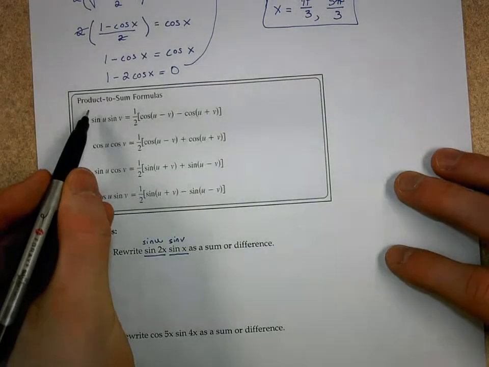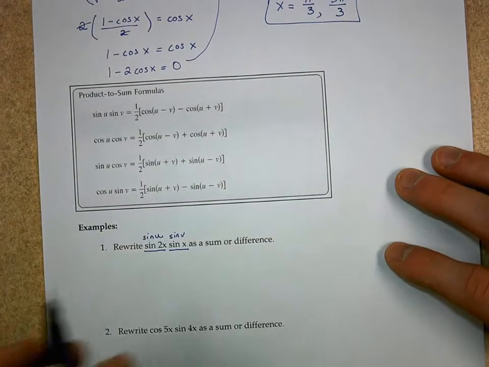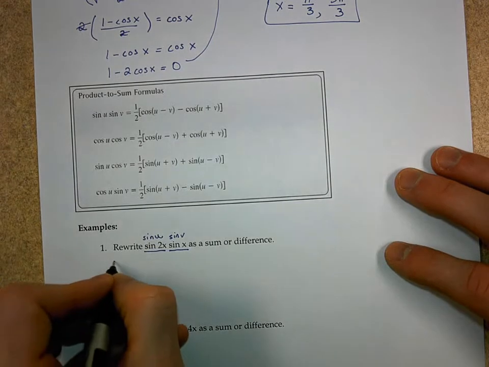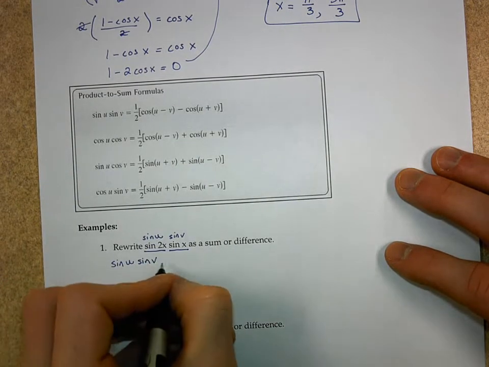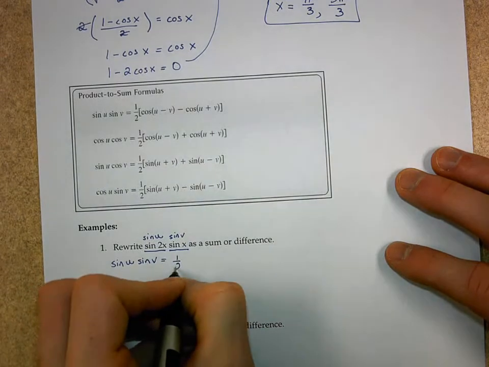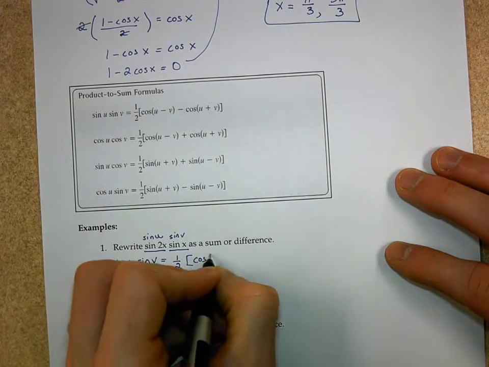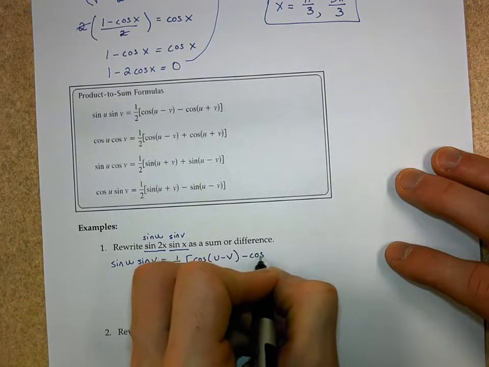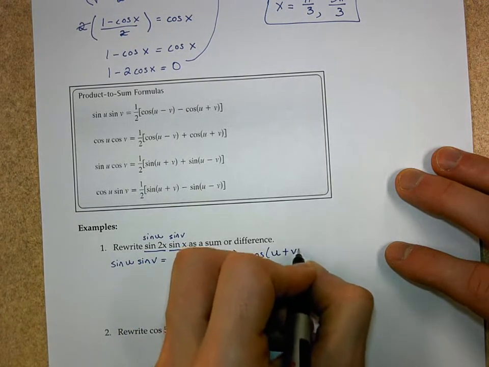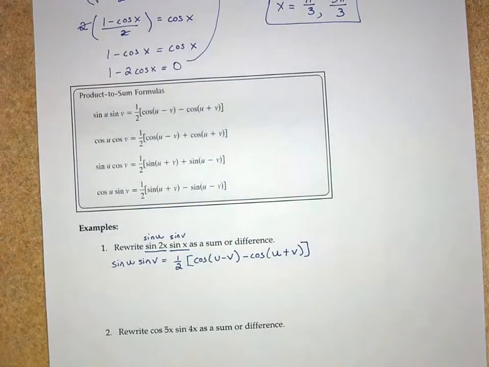So I'm going to use the product to sum that are the two sines being multiplied. So sine of u times the sine of v is equal to 1/2 the cosine of u minus v minus the cosine of u plus v.